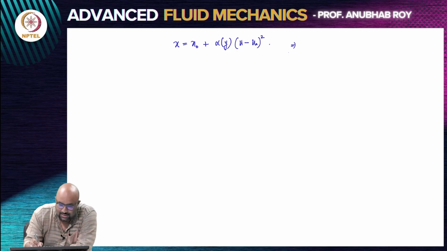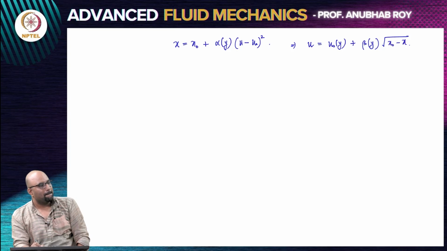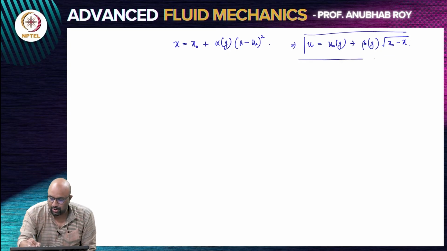Now, if you write this equation in terms of u, you are going to get u is u naught of y plus some function of y times the square root of x naught minus x. As I am approaching the point x naught, the velocity is basically going to be given in this manner.